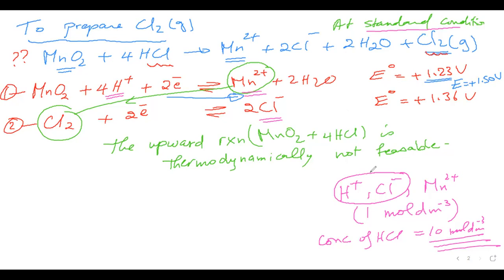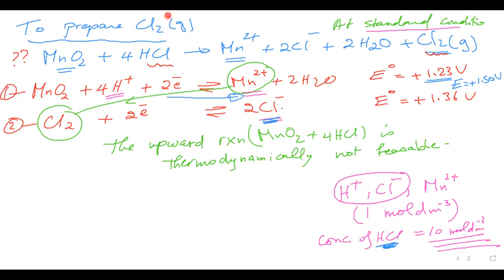Understand till now? Yes. Okay, but when we increase the concentration of HCl, this means that the chloride ion concentration also increases, because HCl means H positive and chloride negative. So both the hydrogen ions and the chloride ions increase. So what happens in the second equilibrium when we increase the concentration of the chloride ions?